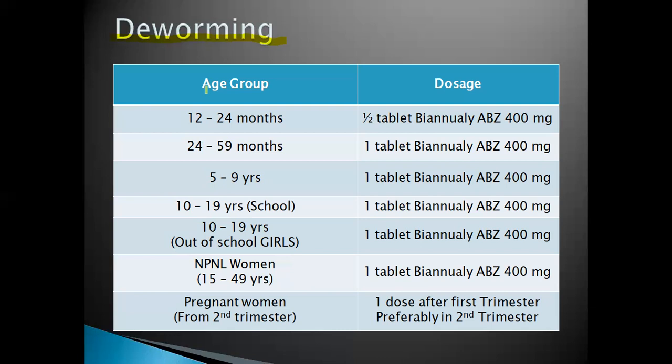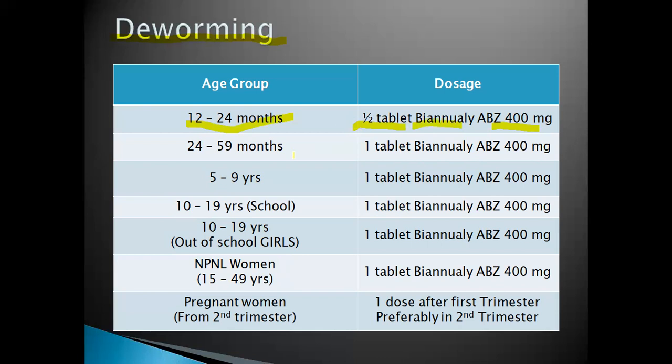Then from 1 year of age to 2 years of age, albendazole's dose is 200 milligram. And after 2 years of age, the albendazole dose goes up to 400 milligram for the rest of life. So accordingly, for 12 to 24 months age group, we have half tablet, half of what? Half of 400 milligram, that is 200 milligram to be given biannually.